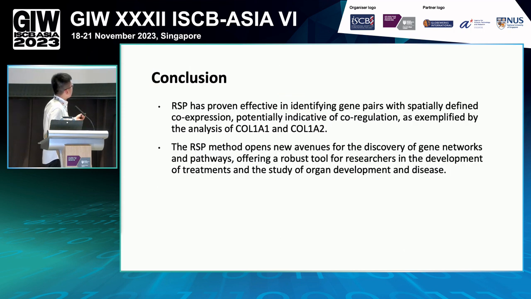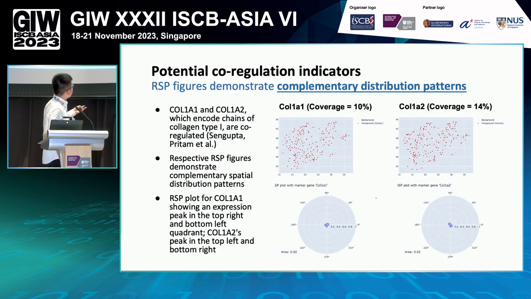You can see here that over here, the bias is towards this part, while the RSP plot for the marker gene collagen type 1A2 is pointing in the other way.